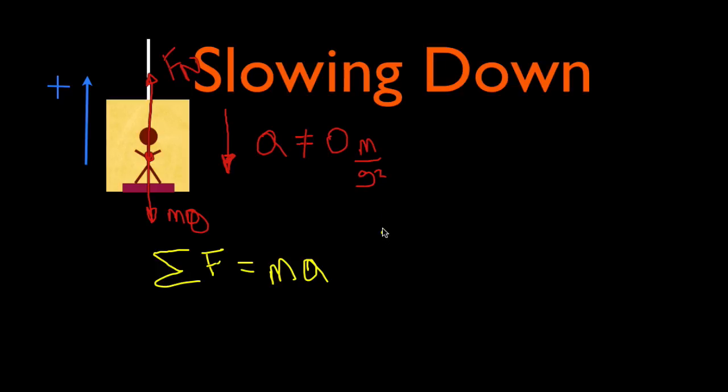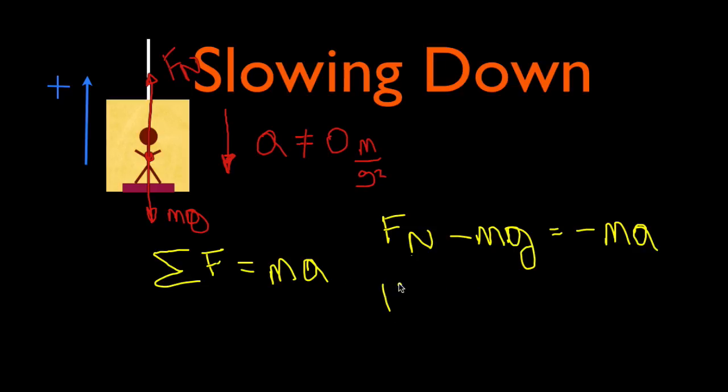We have the normal force, Fn. We have mg in the negative direction, and therefore that is equal to ma, but we have to remember that the acceleration is negative, so it's negative ma. So this is kind of a conceptual thing you have to remember. You've got to remember to put the negative sign in there because you are accelerating in the negative direction.